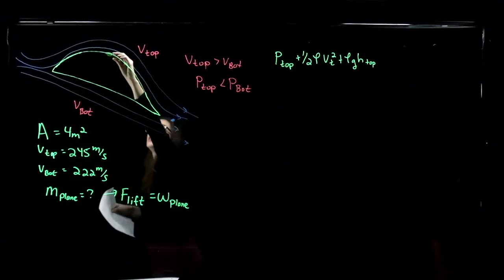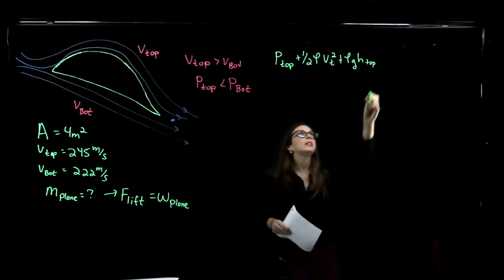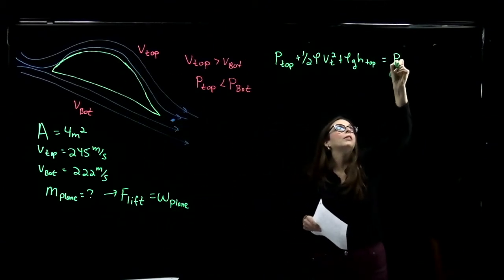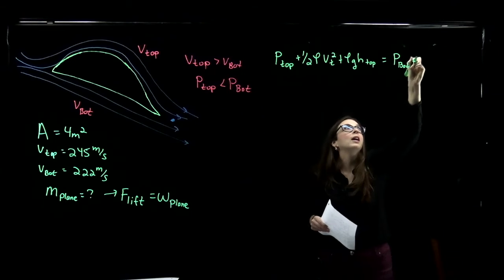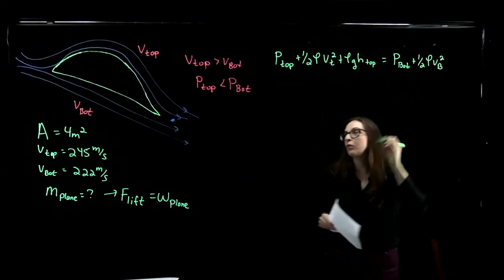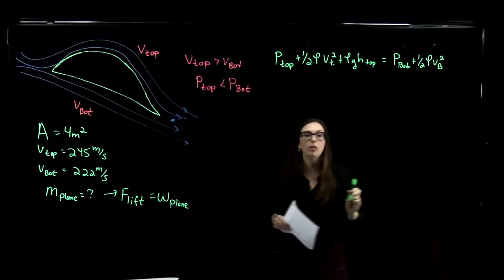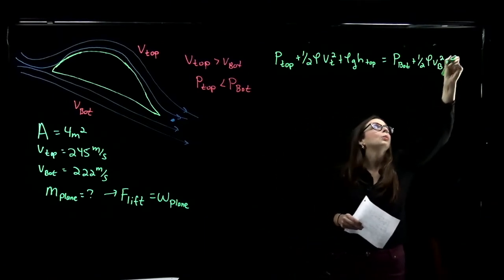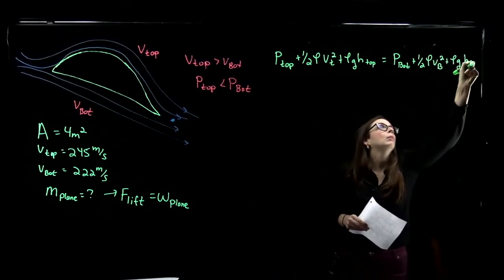Some vertical distance up here. And then that has to equal the pressure on the bottom side of the wing plus 1/2 rho V bottom squared, the speed of the wind on the bottom of the wing, plus rho g h bottom.